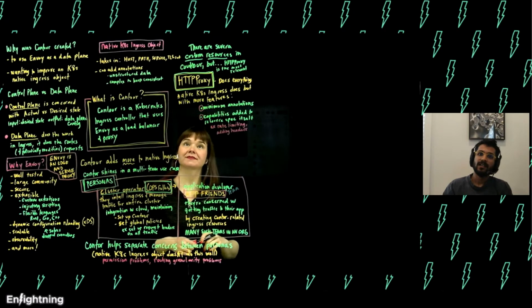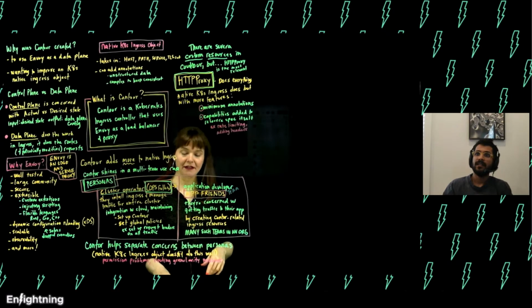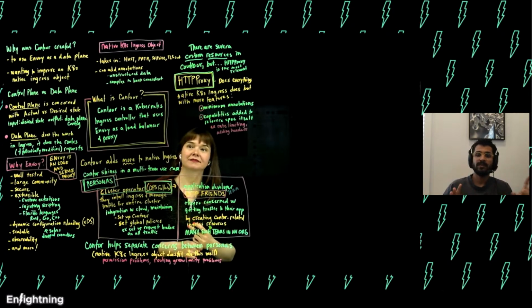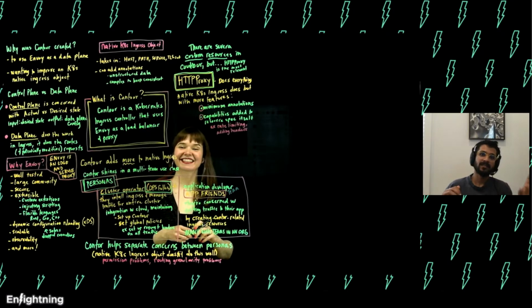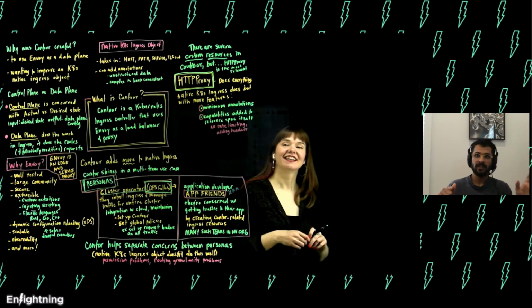Cool. Going back to the personas again, the reason why HTTP proxy exists, we can do a little bit of an archaeology session. Before HTTP proxy, there was another resource called Ingress Route, which was similar but different.